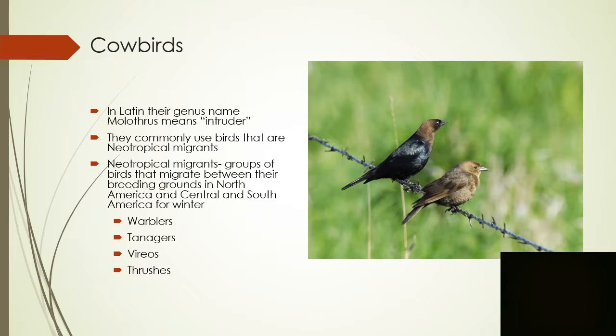These birds include the warblers, the tanagers, the vireos and thrushes, which are most of the time victimized by the cowbird and cuckoo.